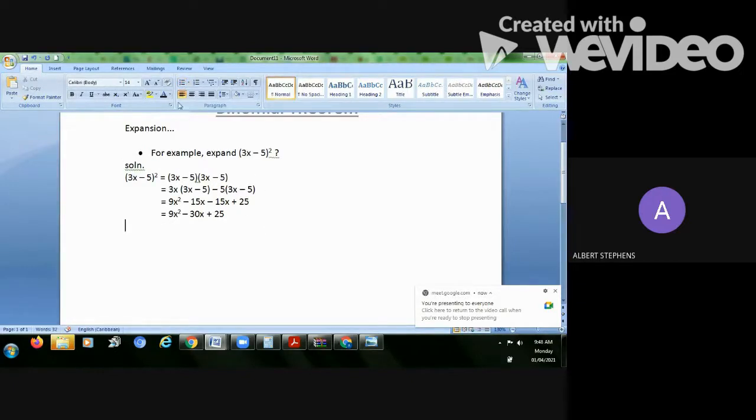What if you get something where the powers start to increase? For example, rather than having 2, you have 3, and you have 4, and you have 5, and 6.